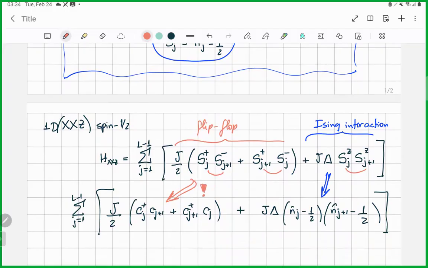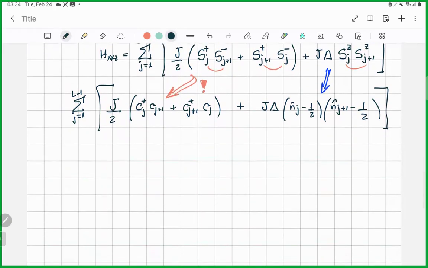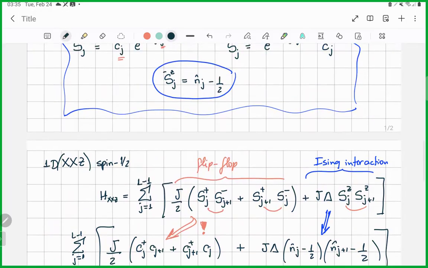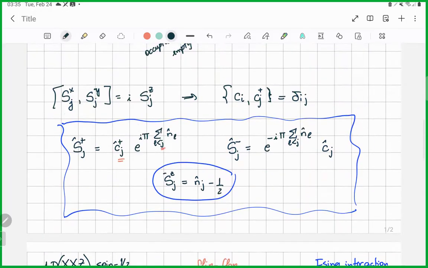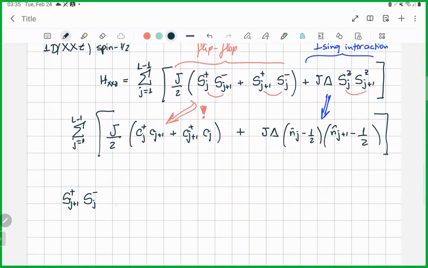So I'm going to pick one of the terms in the flip-flop, and let's analyze it in detail. I'm going to pick this one. Using our transformation, S plus j, in our case now is j plus 1, so I'm going to use here the creation operator, and then comes our sum.